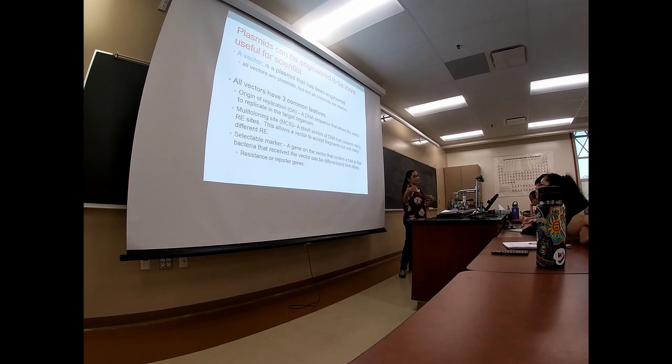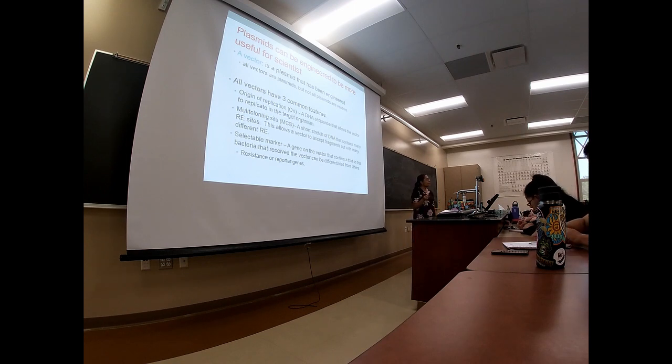Once it's all built and you put it back in, that selectable marker is going to help you differentiate. Most of the time, we use an antibiotic resistance gene as the selectable marker. And I'll talk about this a little bit more, and there's a picture on the next slide.